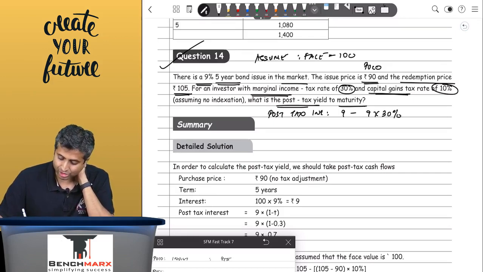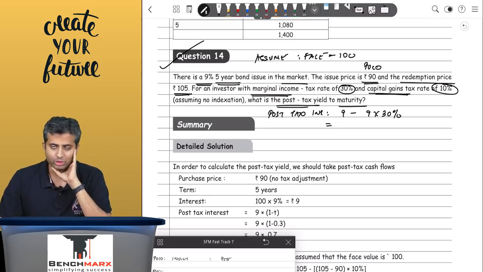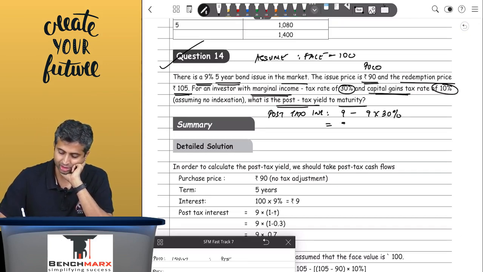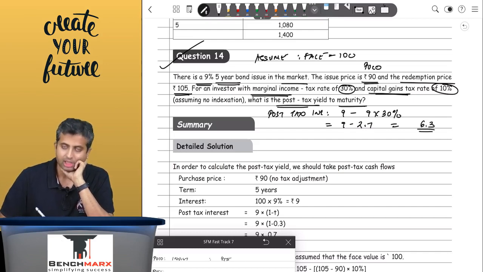So 9 is your cash inflow for interest. However, on this 9 you will be charged tax of 30%, which is your cash outflow. So 9 into 30% comes to 2.7. So 9 minus 2.7, that is 6.3, is the post-tax interest.